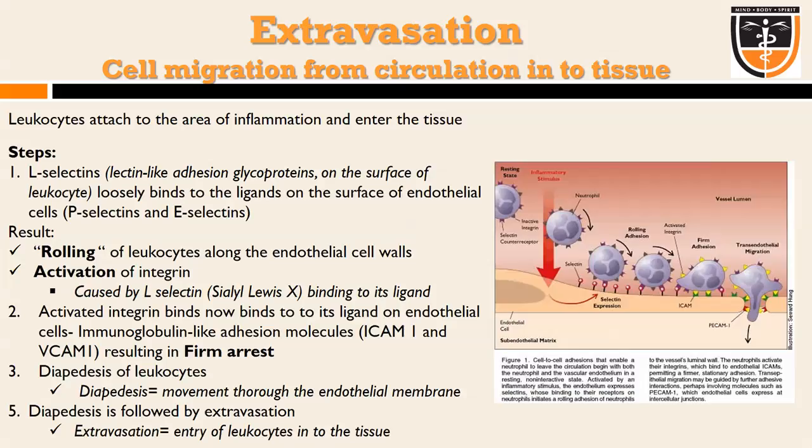They will change their shape and squeeze through like the Terminator in Terminator 2, I think. So what does it do? It goes into the tissue. That is called diapedesis. And diapedesis is followed by extravasation, which means the entry of leukocytes into the tissue. And there, they're going to do their magic. So that is the characteristic process of extravasation.